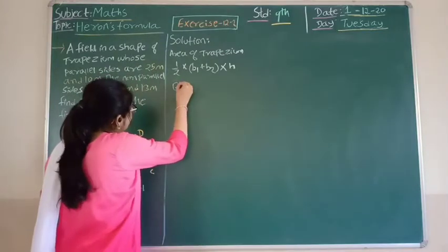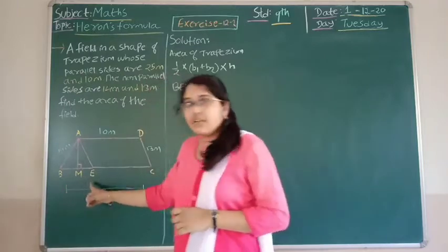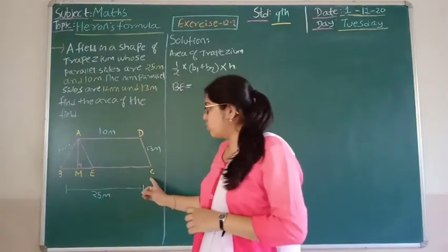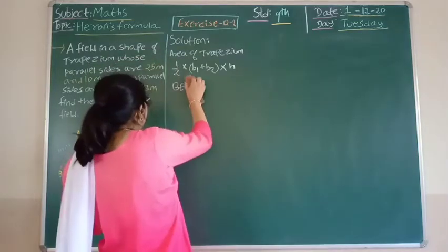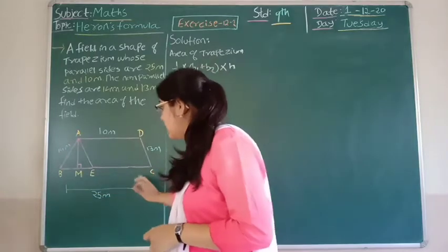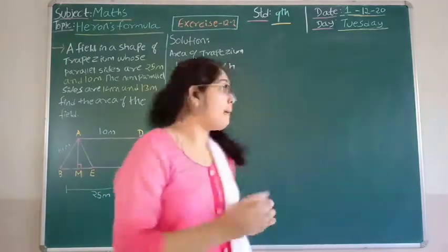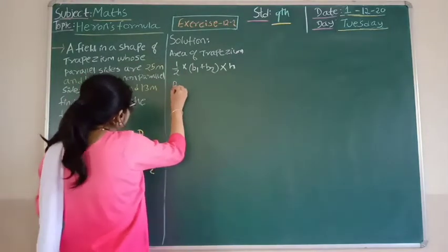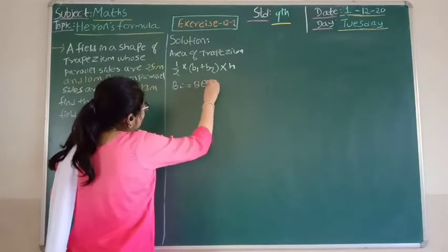I need to find BE, and we can write BC is equal to BE plus MC.